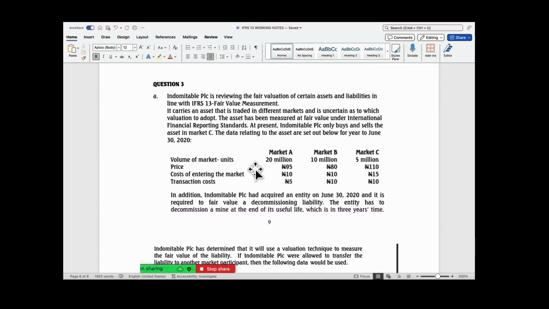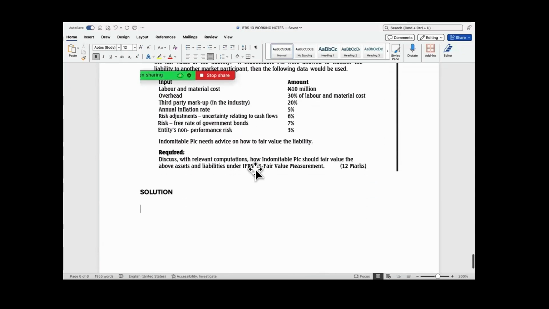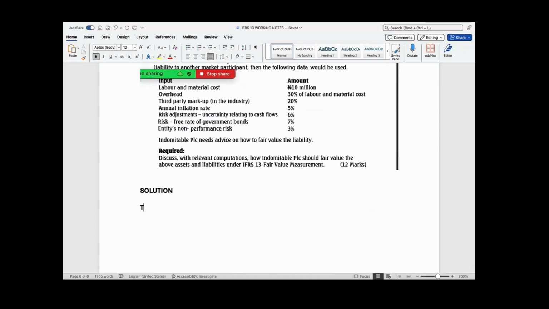So from the information given so far, I can get the fair value of the assets. Okay, so I can tell the examiner that the fair value of the assets can be determined in the principal market.